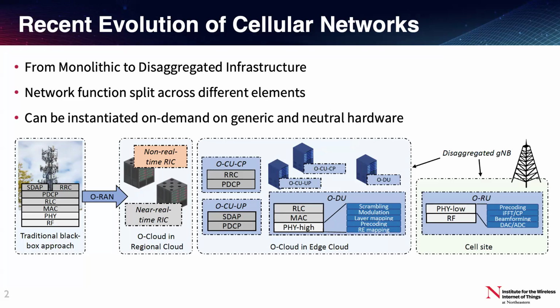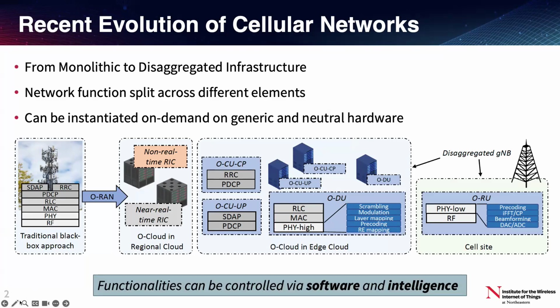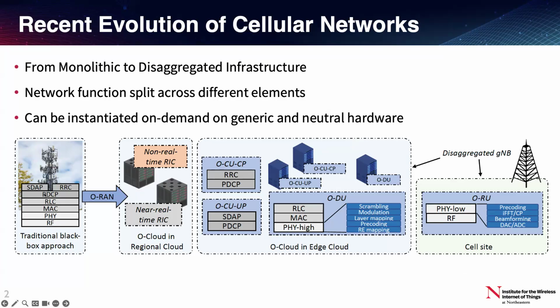For example, you can see in the diagram here that the layers that I have over here on the left are now found in different components, like the CU component, where we have both user plane (UP) and control plane (CP) functionalities.